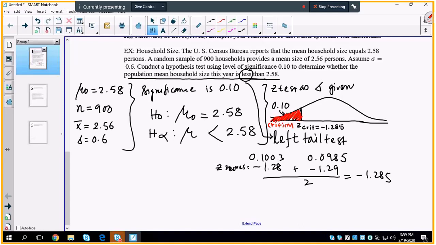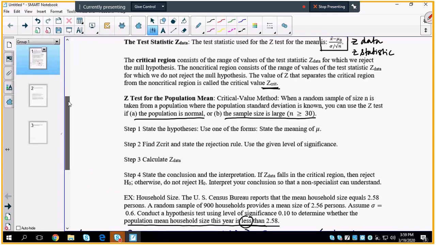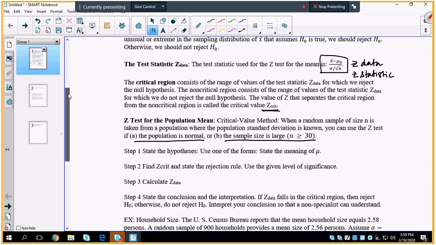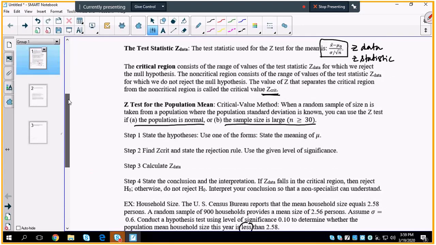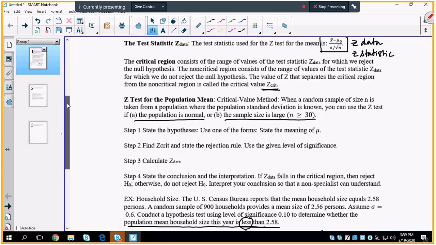The final step is to find the Z data. The Z data, as you can recall the formula, is whatever is your new sample mean, x bar, minus the old population mean, mu naught, over sigma over square root of n. So let's do that.